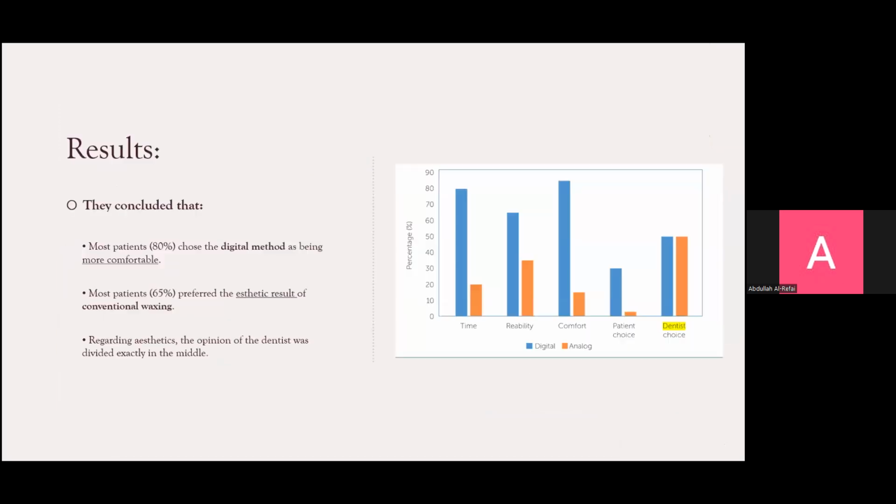Now, they concluded that around 80% of the patients chose the digital method as being more comfortable. However, 65% of the patients preferred the aesthetic results of the conventional mock-up. In terms of aesthetics, the dentists' opinion was divided exactly in the middle, 50% for the digital mock-up and 50% for the conventional mock-up.